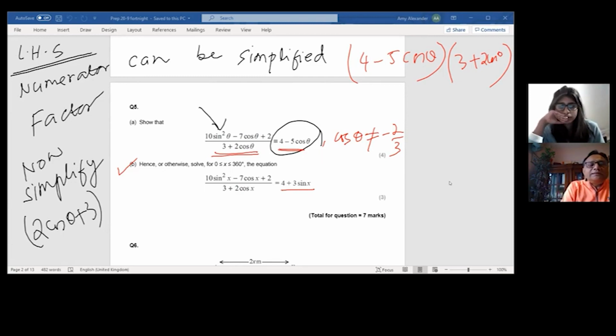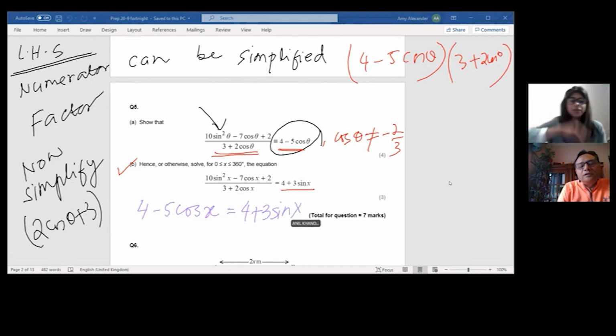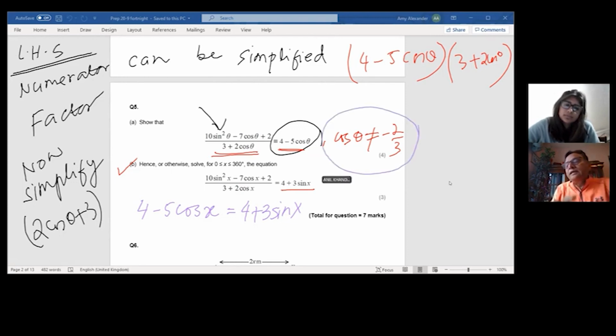We'll write this as 4 minus 5 cos x equals 4 plus 3 sin x. And remember, your cos x cannot be equal to minus 2 by 3, so do not write your answers if you get that. That is the whole idea.